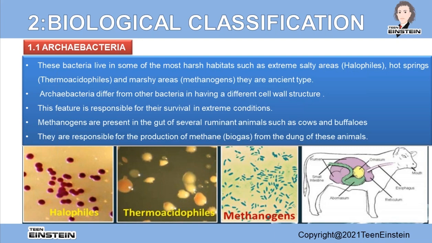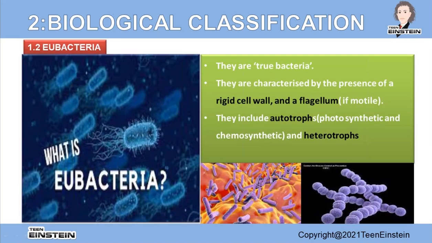This special kind of fermentation takes place with the help of these methanogens. So they are responsible for the production of methane from the dung of these kinds of animals. Is it clear? The role of methanogens?